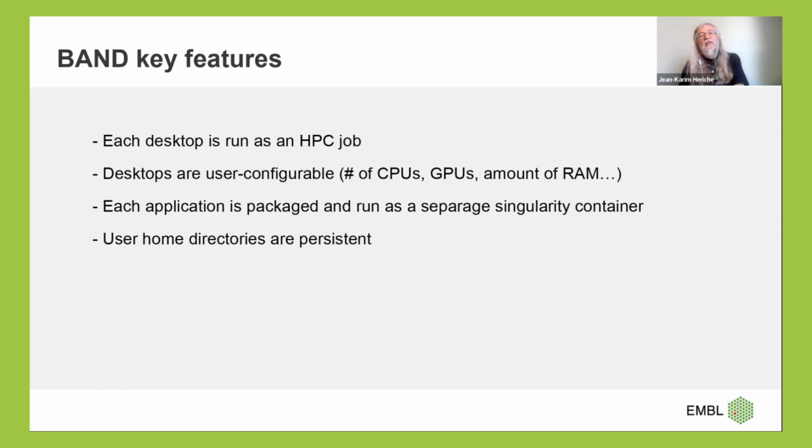One of the consequences of this is that desktops are user configurable. Just like HPC jobs are configurable, you can specify the resources that you need in terms of number of CPUs or GPUs and the amount of RAM. Those are the main ones we offer at the moment.